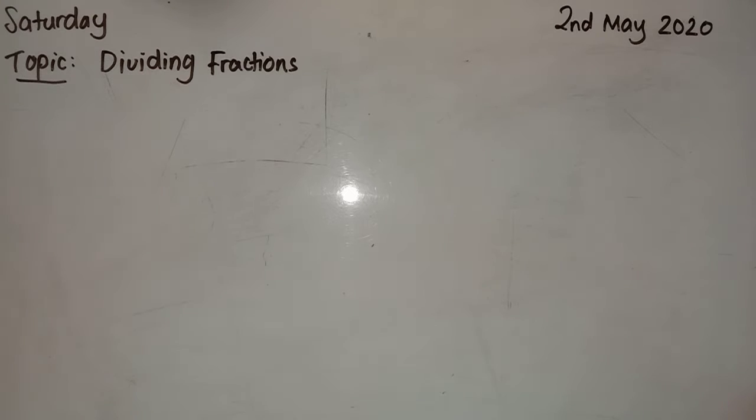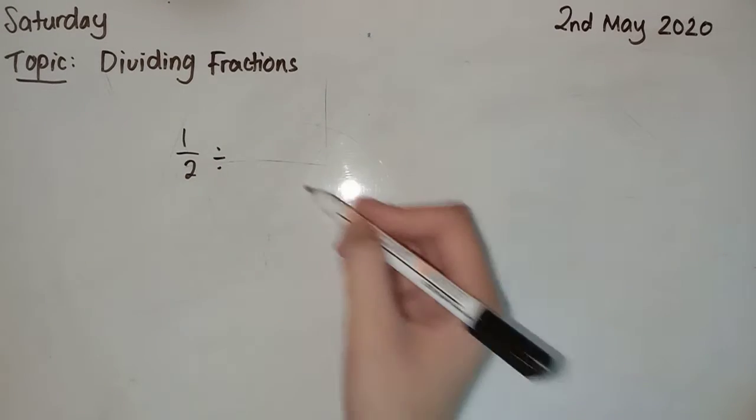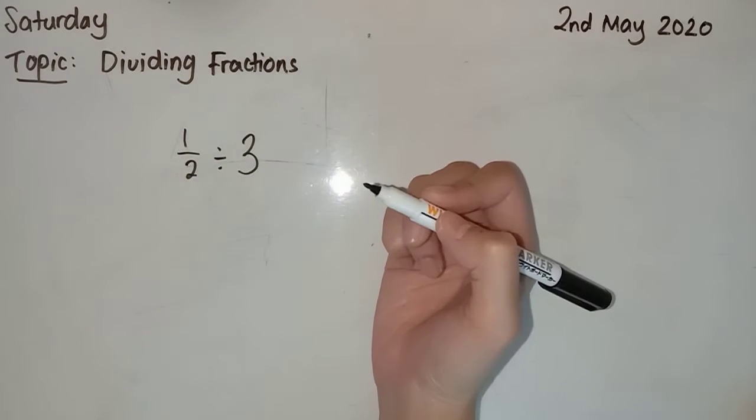So today is Saturday, 2nd of May, our second lesson for this week. Still dividing fractions, but a new one for today. All right, so we have looked at dividing fractions, for example, dividing fractions with a whole number. We have done that.